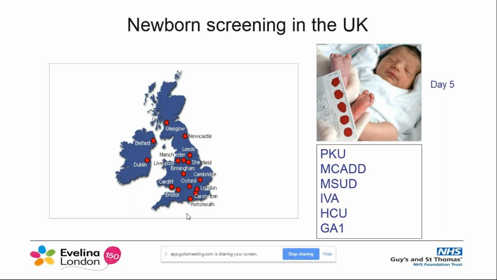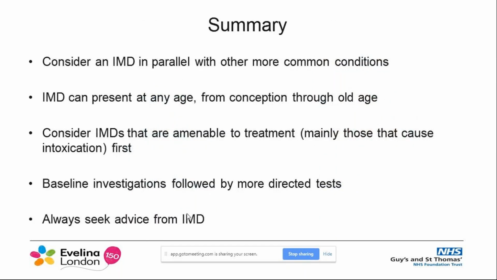So there are issues around newborn screening, but it certainly has been helpful in detecting cases early, which is the point of newborn screening. So in summary, I hope you can consider, and IMDs are extremely rare, but maybe consider them in parallel when thinking about diagnoses. They can really present at any age from birth through to old age. We have lots of adult metabolic colleagues.